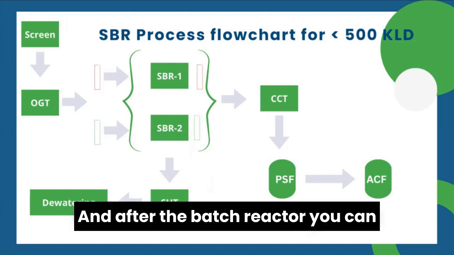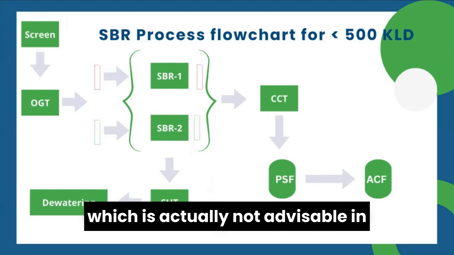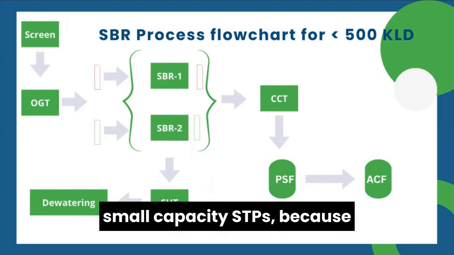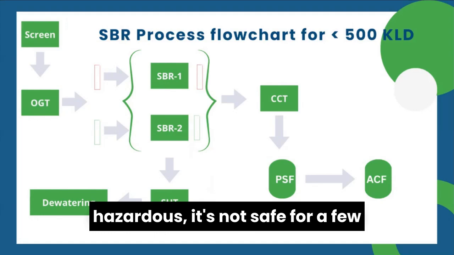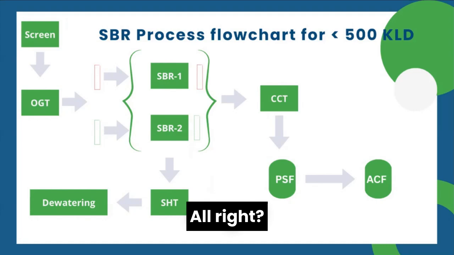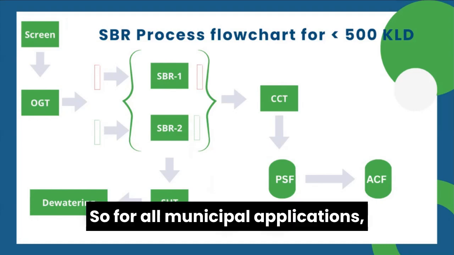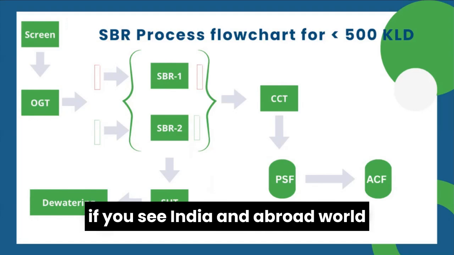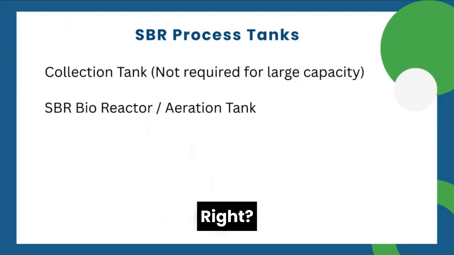And after the batch reactor, you can have a gas chlorinator, chlorine gas being directly pumped into that, which is actually not advisable in small capacity STPs because handling chlorine gas is hazardous. It's not safe for humans. All right. The remaining process is the same. So for all municipal applications, if you see India and abroad, world over, SBR is choice number one, right?